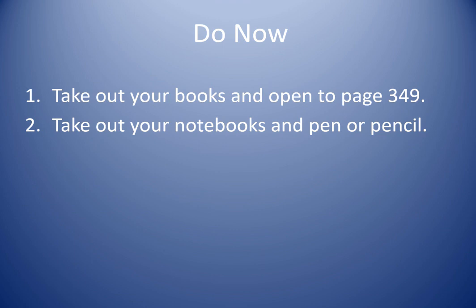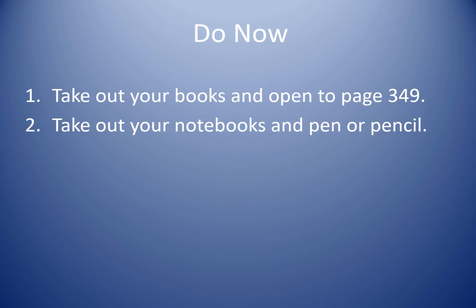So, yes, we are flipping the classroom, and we are flipping it on section 6.4, goal 2, on page 349. Go ahead and get out your books and flip over to page 349. If you want to take notes, get out your notebook and your pen and pencil. Kind of cool thing about this is if I go too fast in class, you can pause it to take notes.